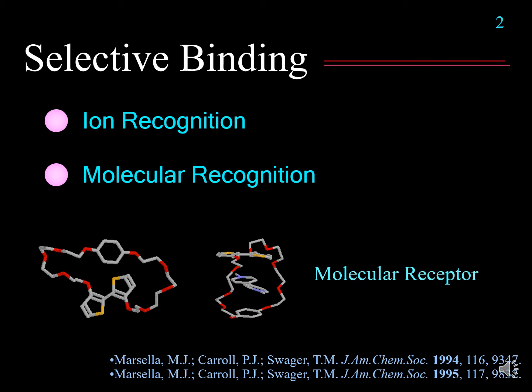So we have an electron-rich benzene ring, and also an electron-rich thiophene unit, the dithiophene unit here. This molecule can have high-affinity binding with paraquat. This is the paraquat molecule, composed of two benzene rings together, with nitrogen here that is positively charged. So we have two N+, which makes this molecule electron poor.